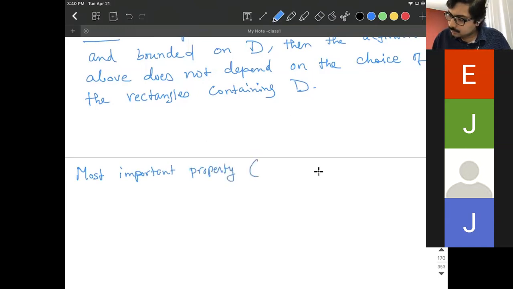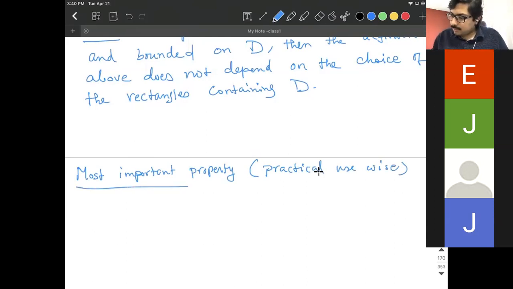So the most important property, practical use wise, of double integrals, which is the following. This is property number 4 on page 8.